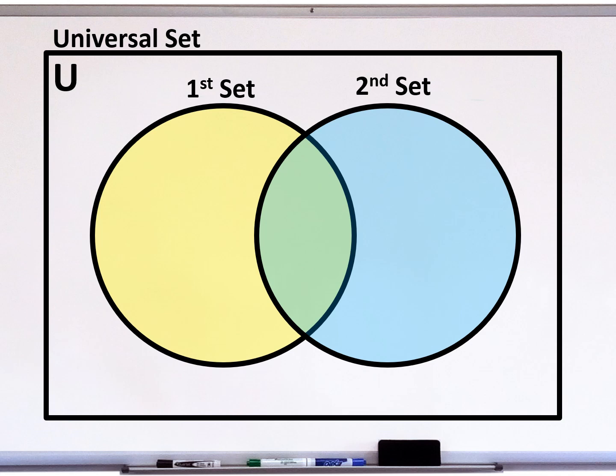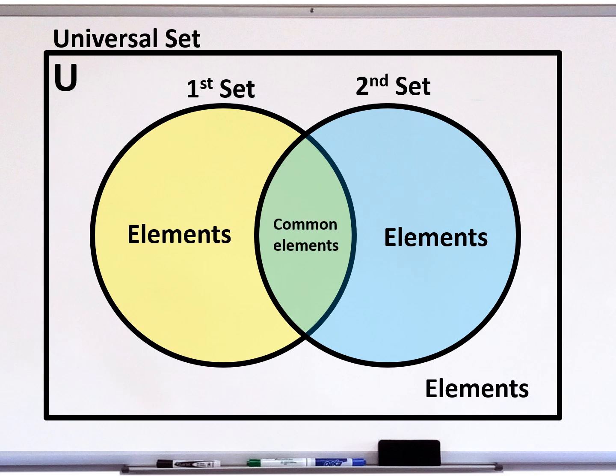If they share common elements between set A and set B, we are going to write the common elements in the green shaded region of the two circles, while the other elements that are not the same will be in the yellow and the blue regions, while the elements that belong to the universal set but do not belong to the two sets will be outside the two circles but still inside the rectangular box.